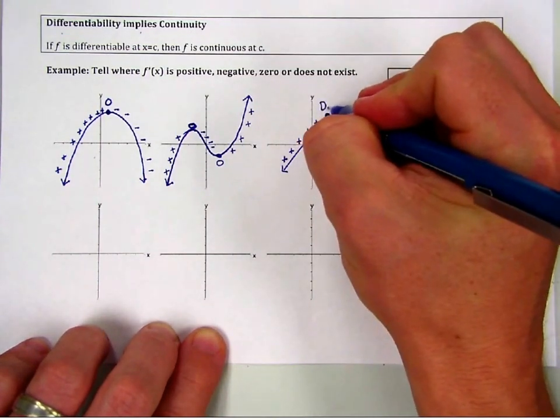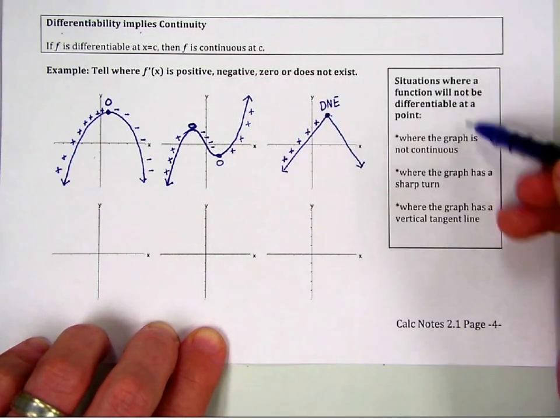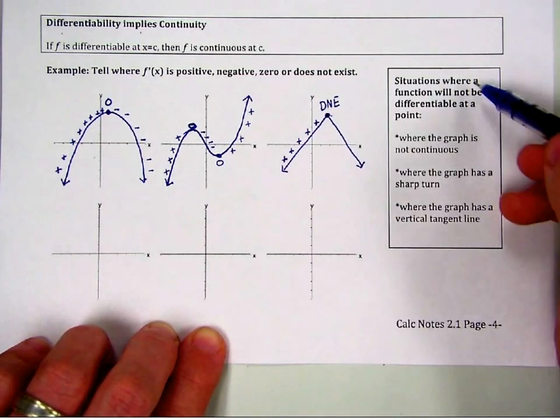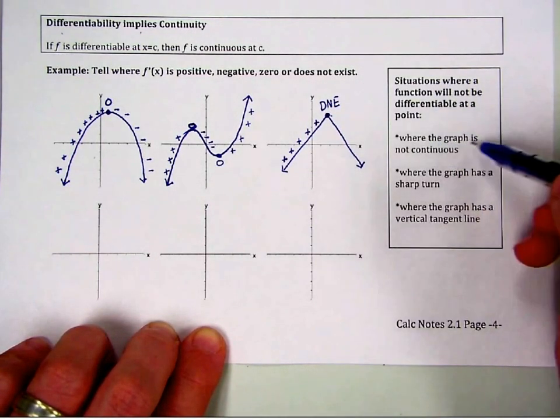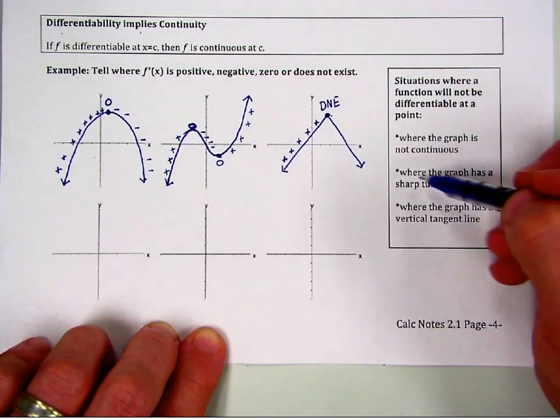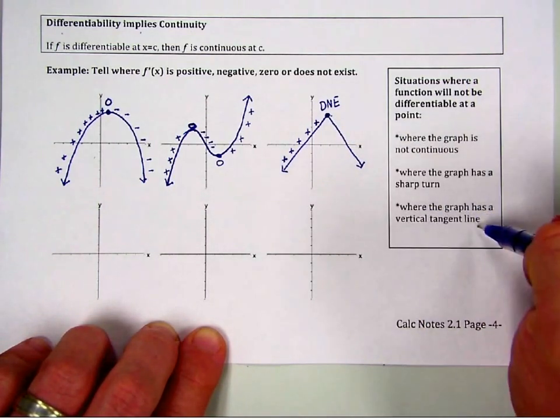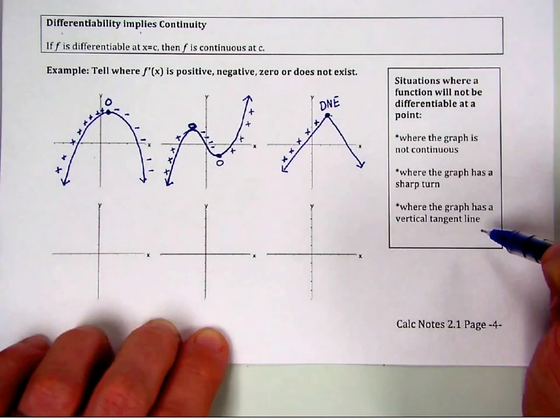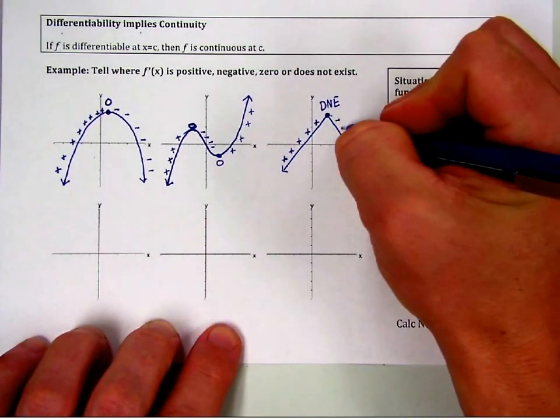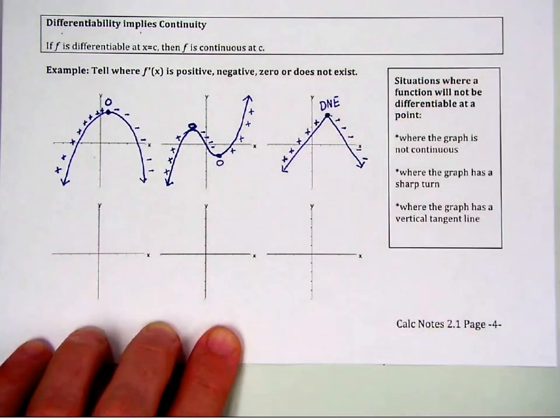So it does not exist. And that's what this little box is telling us here. So there's not going to be a derivative where the graph is not continuous, like a hole or a vertical asymptote, or where the graph has a sharp turn, like here, or where the graph has a vertical tangent line. Okay, so finishing this out, it would be negative right there.